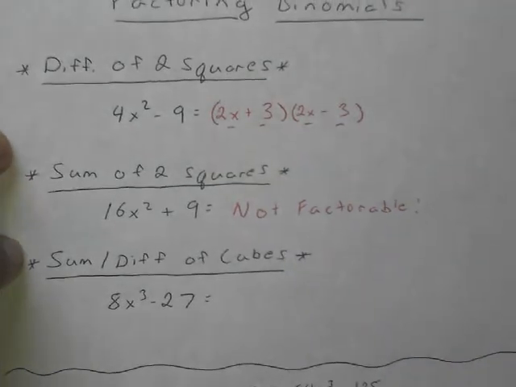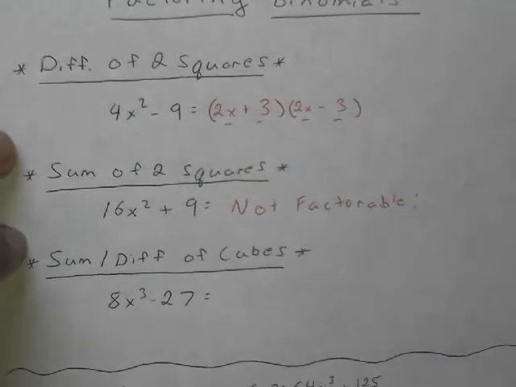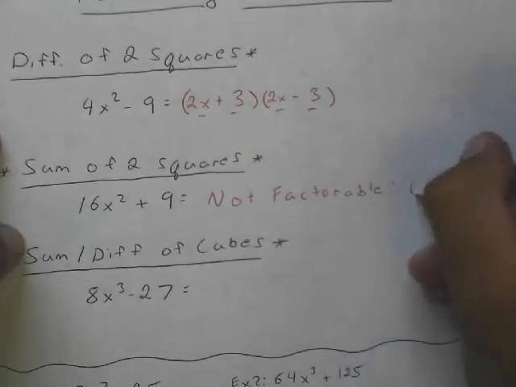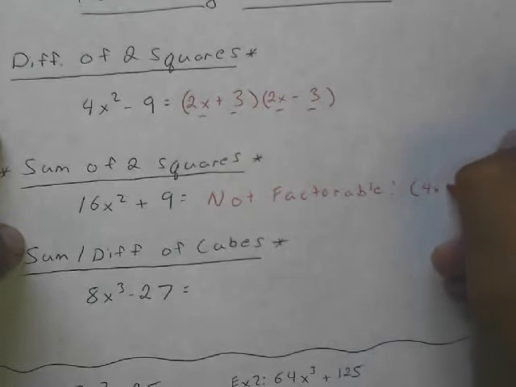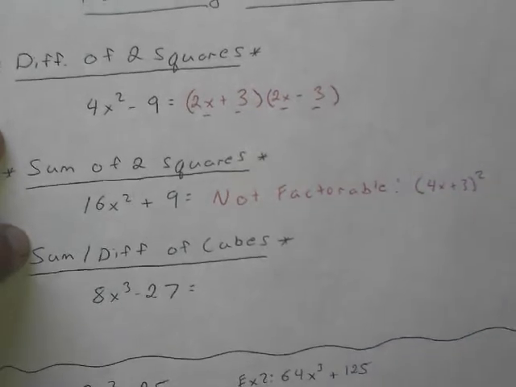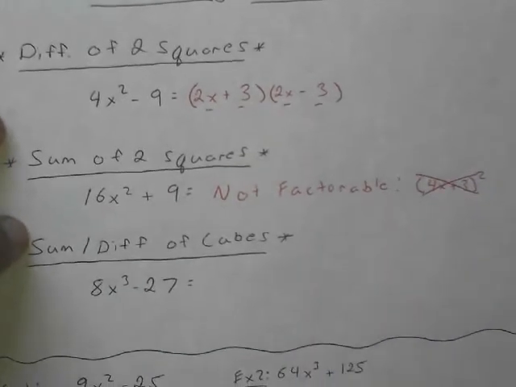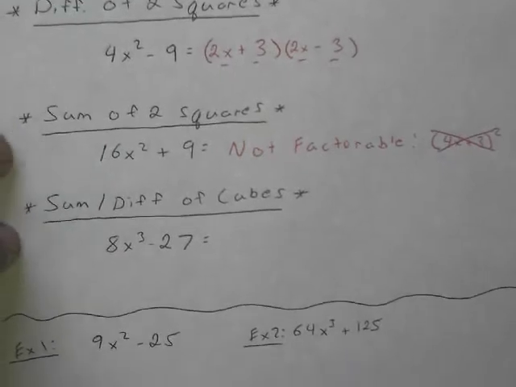That is very important to understand. Many people want to say that this factors to, again, 4x plus 3 squared. That is not the case. This does not factor at all.